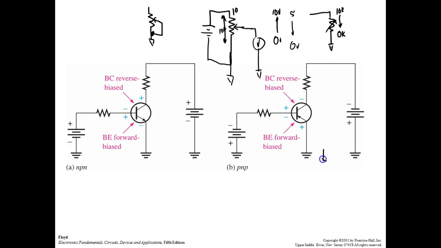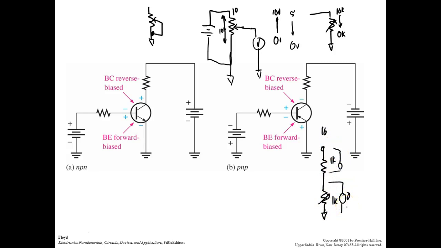But if I put a fixed resistor right there, and then I put my rheostat, what's the rheostat doing? Well, it's changing the current flow. So if this is a 1K, and this is a 1K, and this is 10 volts, if I adjust this down to 0, then this guy's going to be dropping 0 volts. That guy right there is going to be dropping 10 volts.